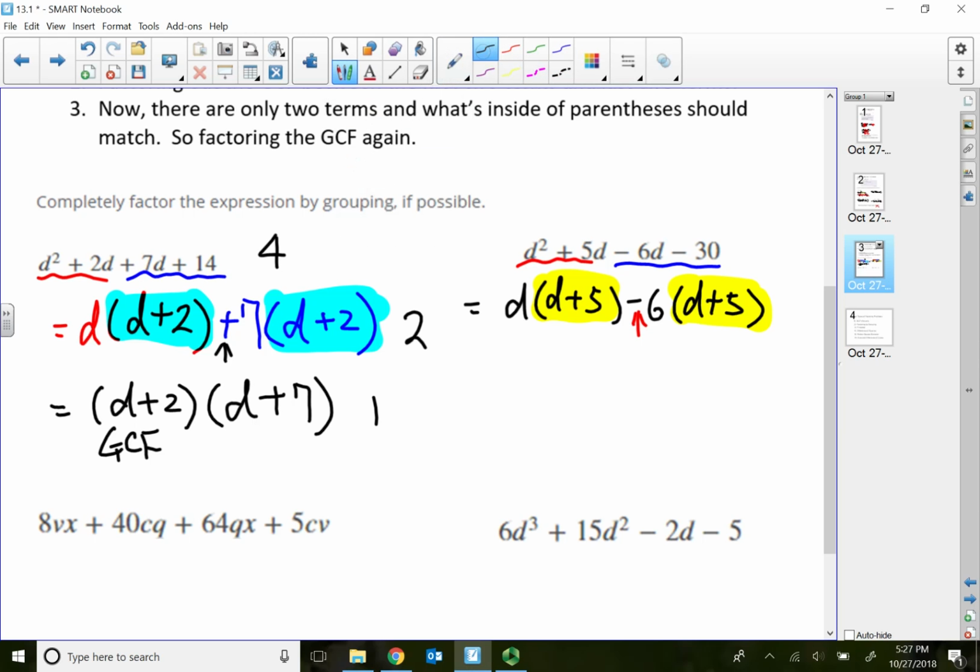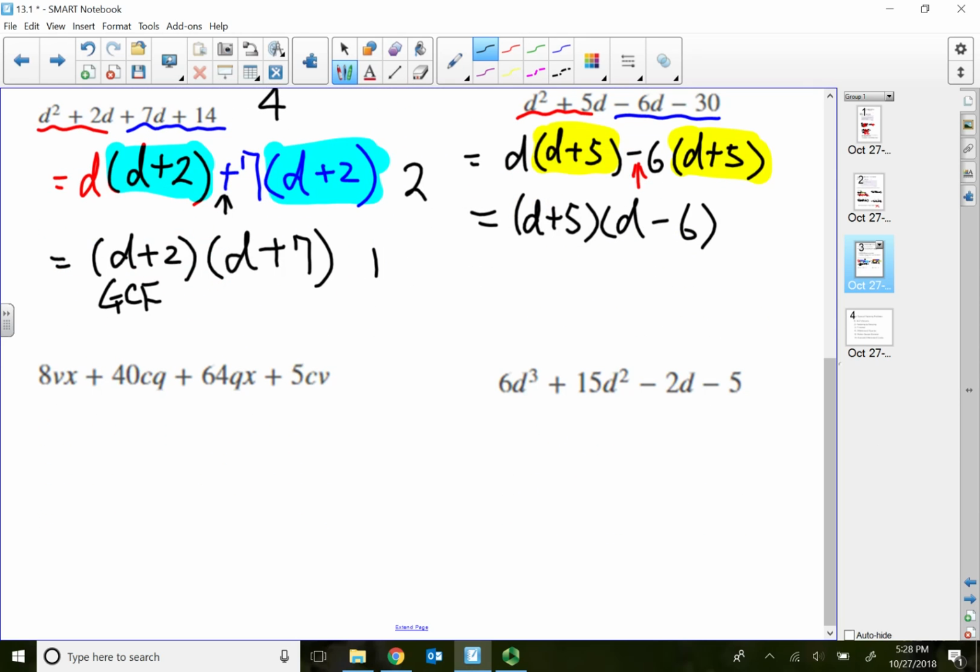In that case, the d plus 5 becomes my greatest common factor. So let's factor that out. Take d plus 5 to the outside. d is the only thing left for the first term. For the second term, take the d plus 5 to the outside, and the only thing left is my negative 6. So that's my answer.